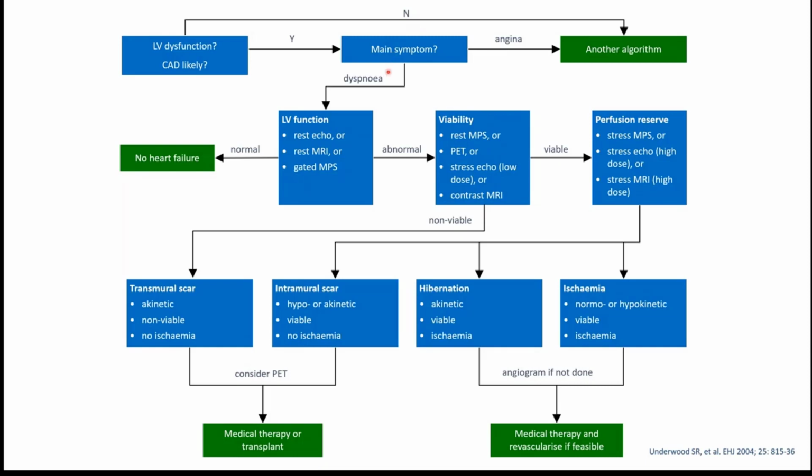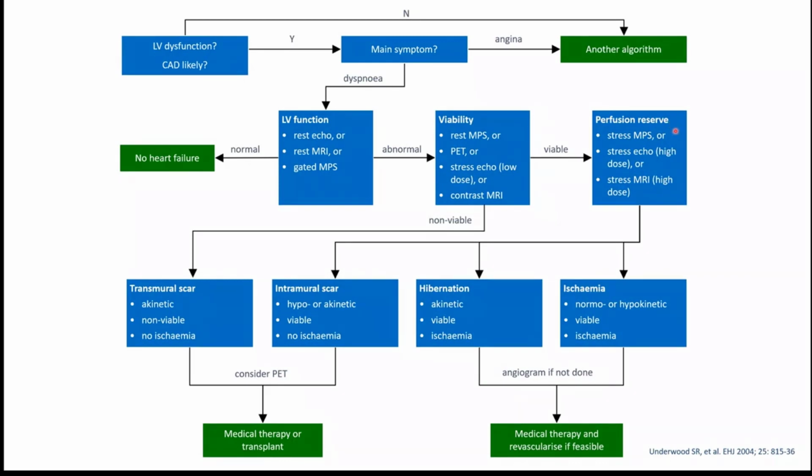But if the main symptom is dyspnea, then first of all, look at function. And to me, it doesn't matter how you do that. You can do it by a number of techniques. If there's dysfunctional myocardium, look for viability. And again, I think you can do that by a number of techniques. And if there is viable muscle that is not contracting, look for perfusion reserve or inducible ischemia.